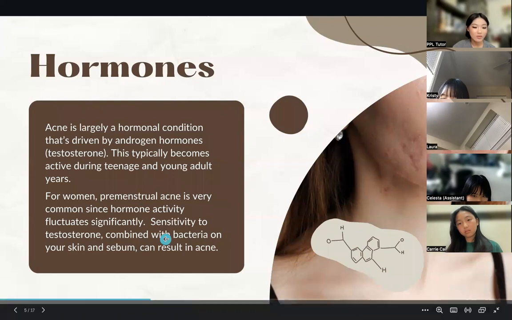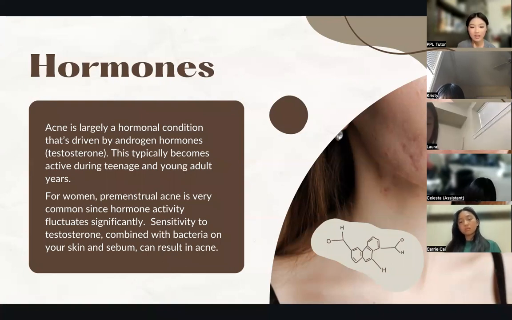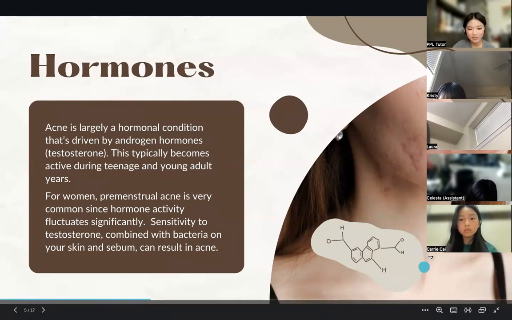And every month when our period comes around, our hormones go haywire, and as a result, that could cause a little bit of acne, especially around the jawline and your chin. So sensitivity to testosterone combined with bacteria on your skin and sebum can result in acne. So this is what testosterone looks like.